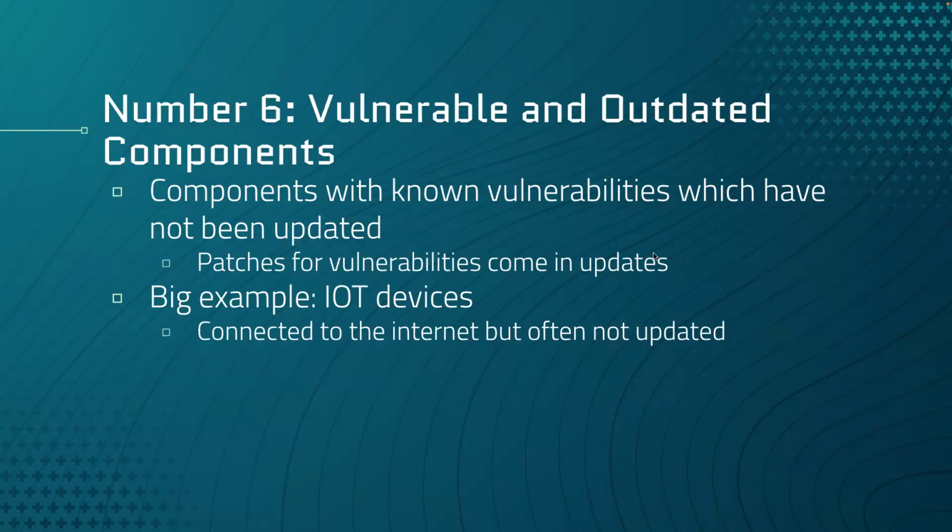All right. That leads us right into number 6, which is vulnerable and outdated components. A lot of these components and libraries that you get online are outdated. So when you pip install something from a repository, it might be outdated or not managed. So there might be security risks using repos that you have not vetted, right?